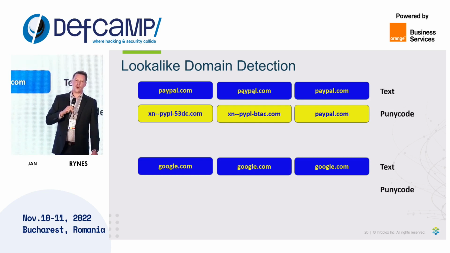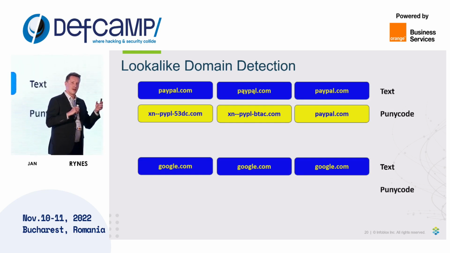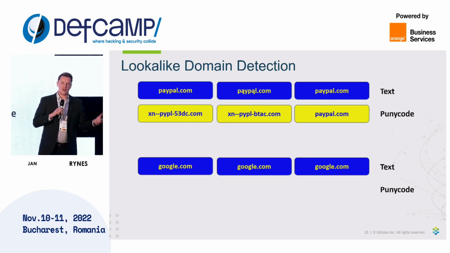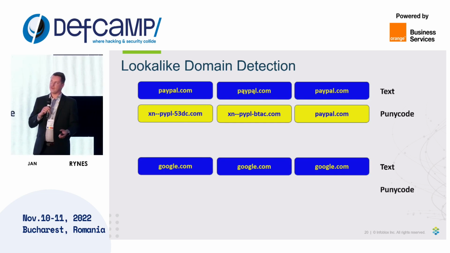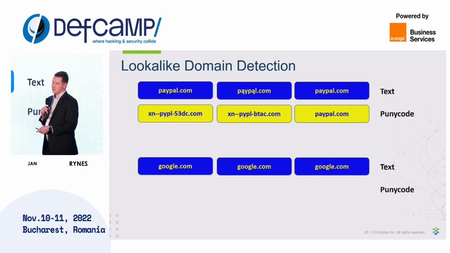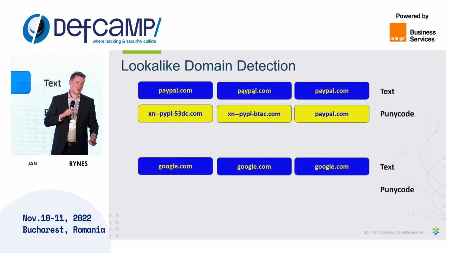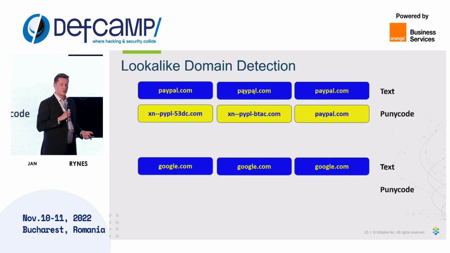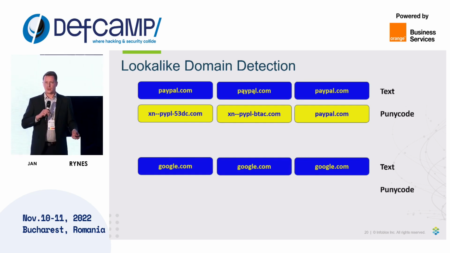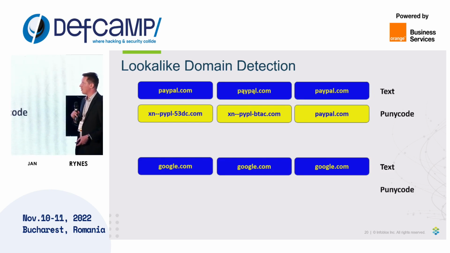They are just different codes, because you can have alphabets like Cyrillic and Latin. Both character sets have those characters. Just the one that you don't want to use will have a slightly different code behind it. For the machine, it's a totally different domain name, meaning a totally different destination.